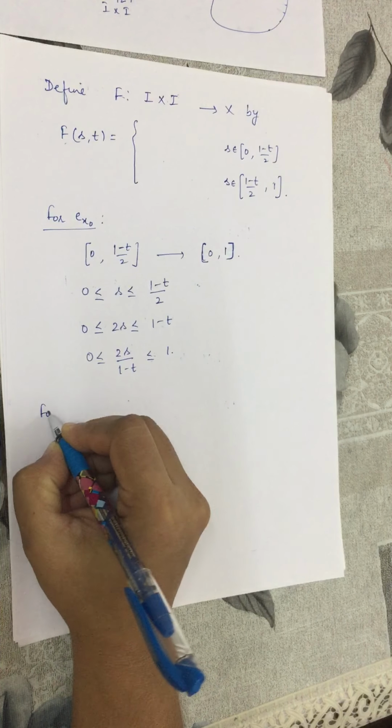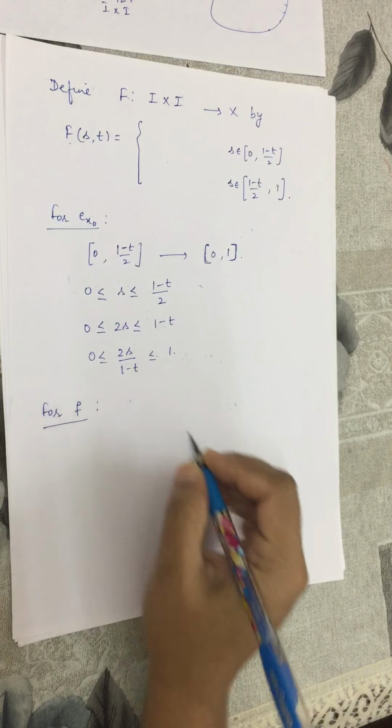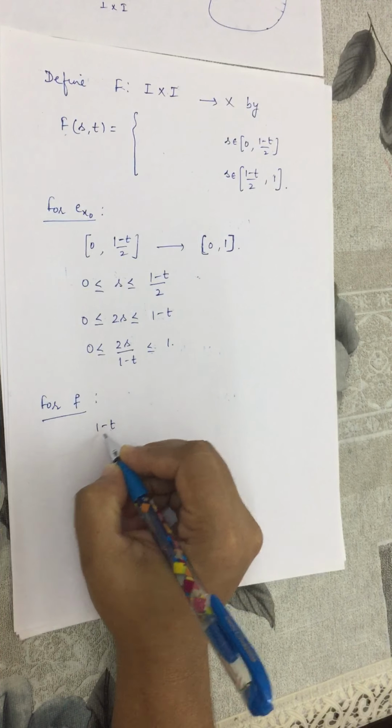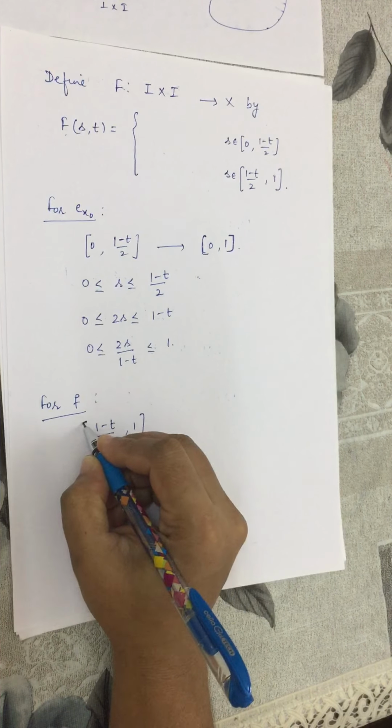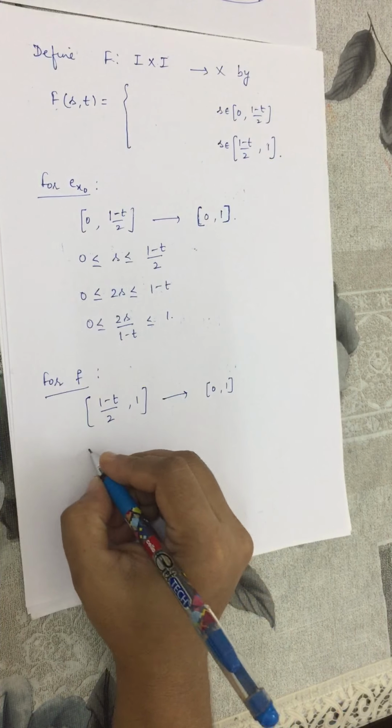Similarly, for the mapping f, we can map the interval (1 minus t)/2 to 1 to the interval [0,1].